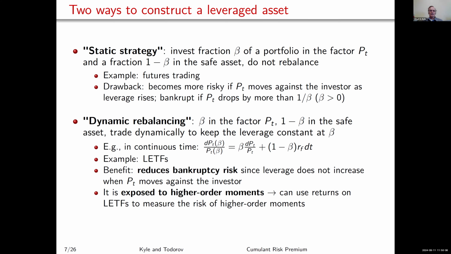You borrow the rest, buy your $100 worth of the asset, and then just hold that and see what happens. That happens in futures trading, and in futures trading a lot of times you make money and a lot of times you lose money. If you lose money, you either have to liquidate your position, which gives you this higher order moment risk, or you have to put more money into your account.